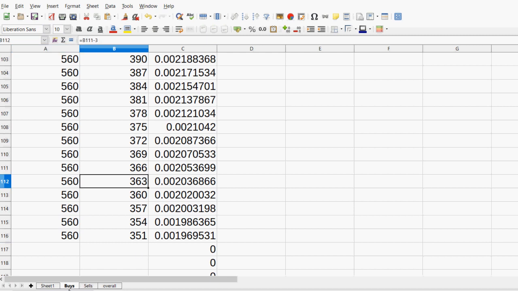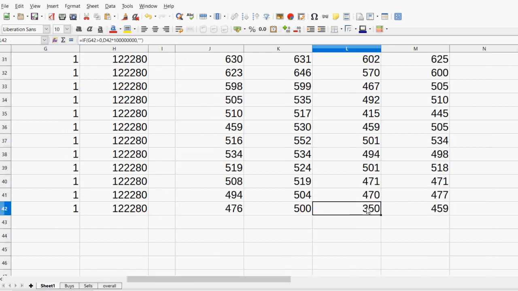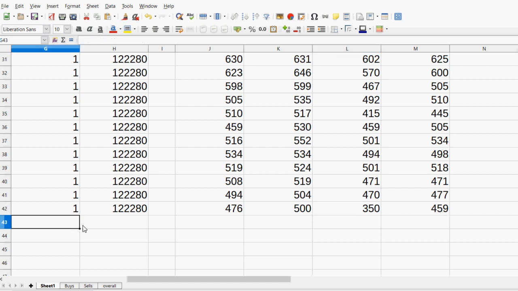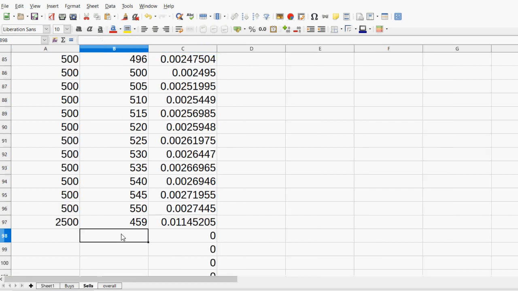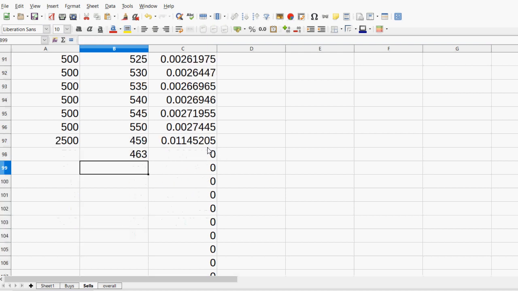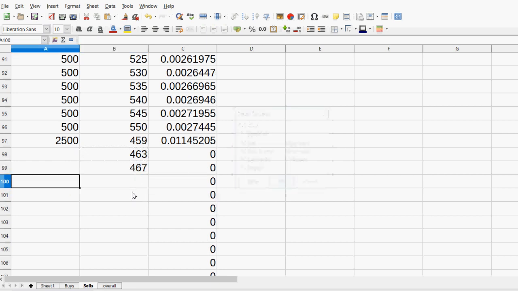We'll go 363. 363 buy and keep selling over the 459 number every 4 points. So 459 keeps going up to 470. And back to the normal 500 per sale, because the last one was selling 5 different orders at one time.